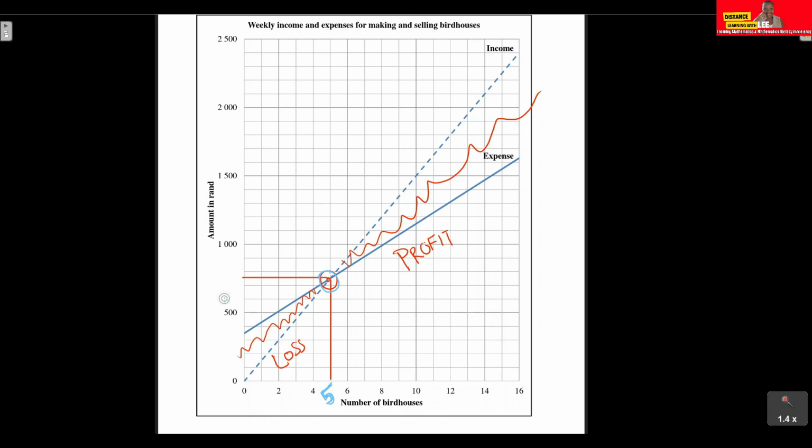So they're increasing by 100. So this is going to be 6, this is 7, this is 8, this is 9, right? So when his income and expenses meet, we can say that is 750. So in this context, he must make and sell 5 bird houses, and his expenses and income will be 750. Okay, so that's the first aspect.